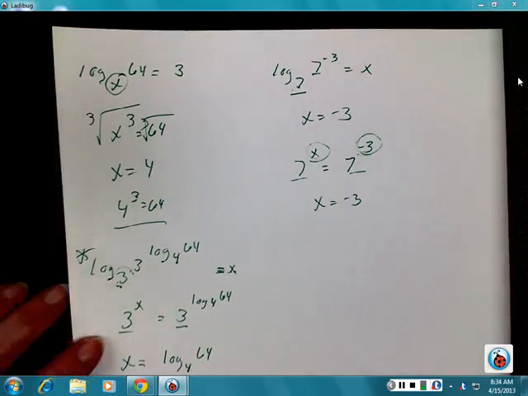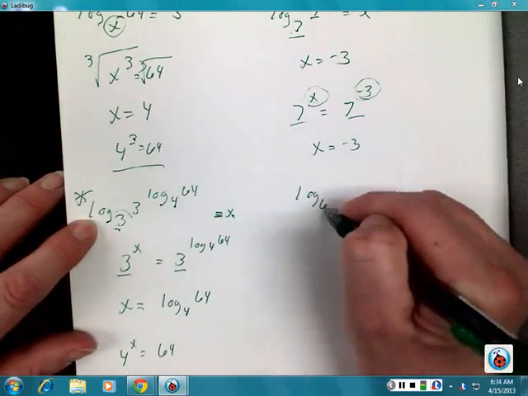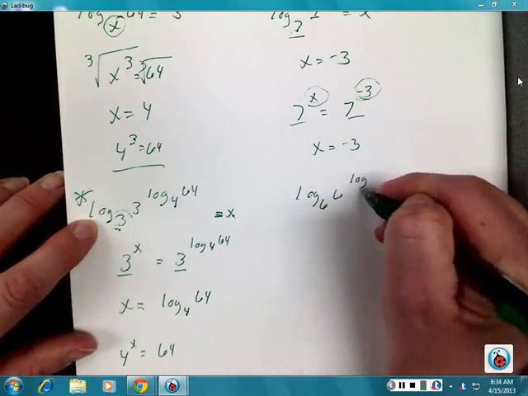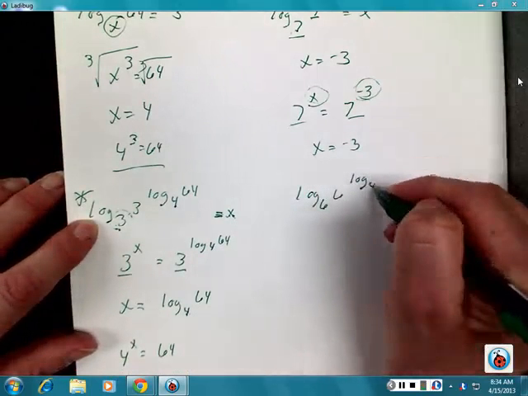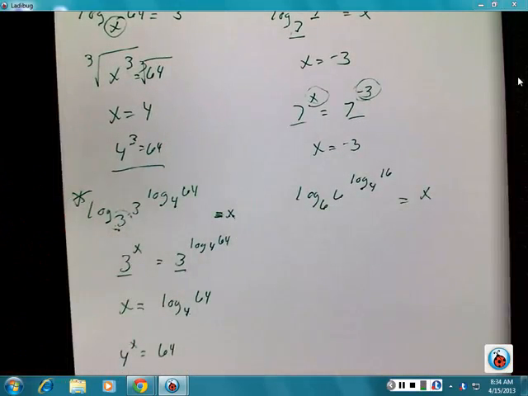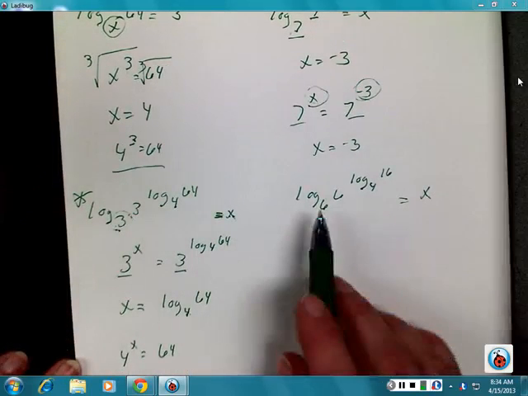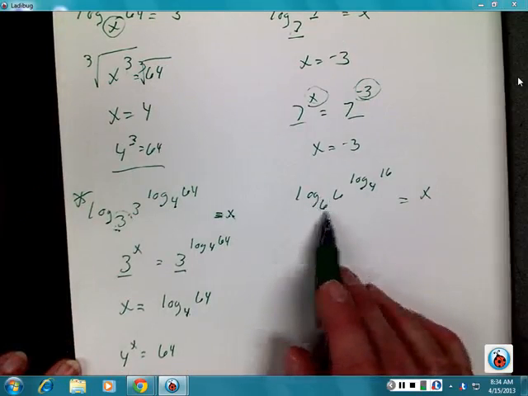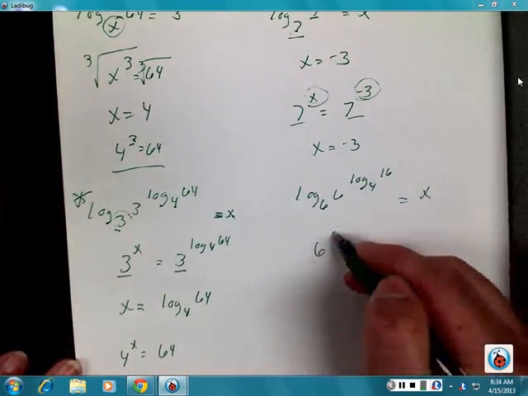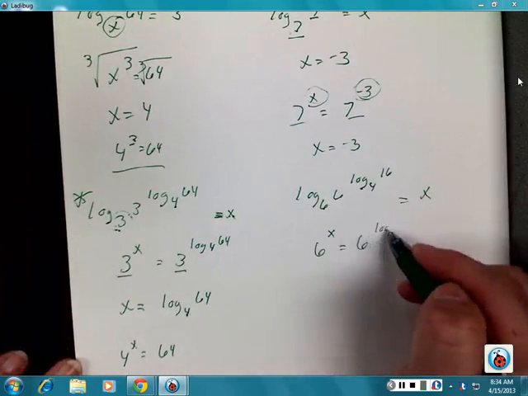Let's do another one of those long ones, because I got one more in here. Log base 6 of 6 to the log base 4 of 16 is equal to x. So if we work this guy out, base to exponent is equal to what it's set up here to.